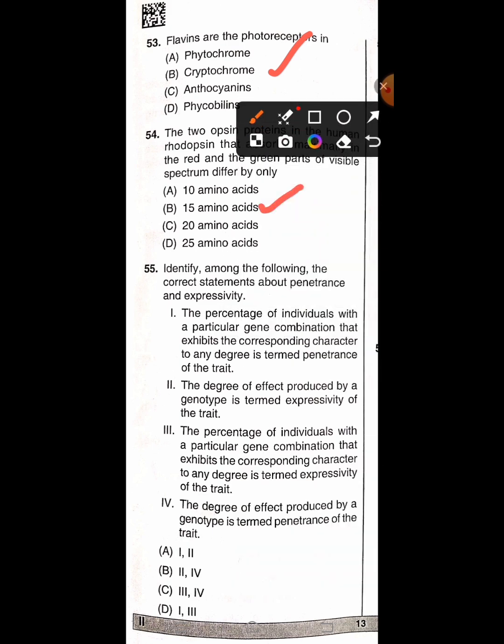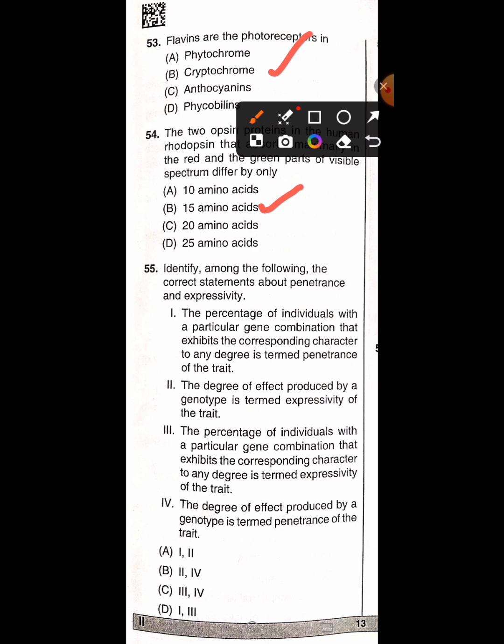Identify among the following the correct statements about penetrance and expressivity. The percentage of individuals with a particular gene combination that exhibits the corresponding character to any degree is termed penetrance of a trait. Second option, the degree of effect produced by a genotype is termed expressivity of a trait.